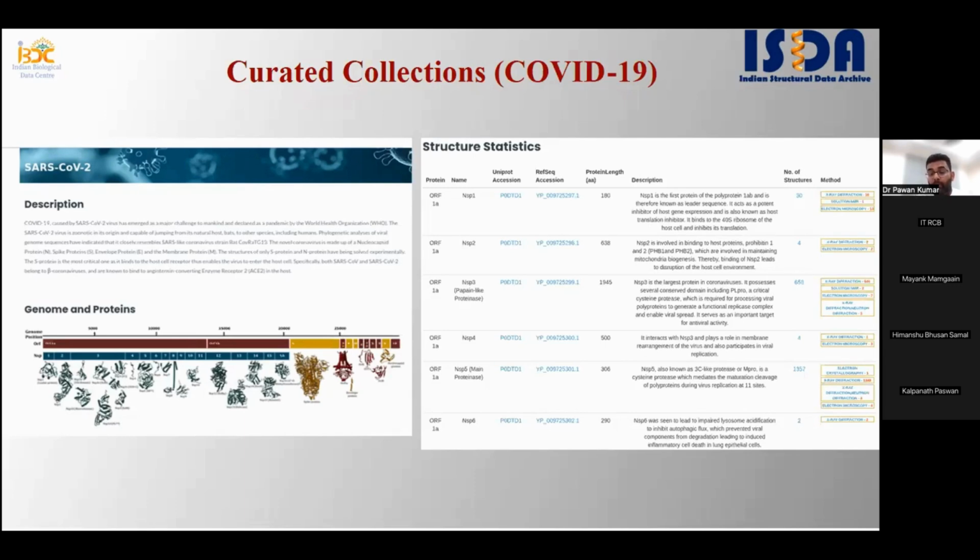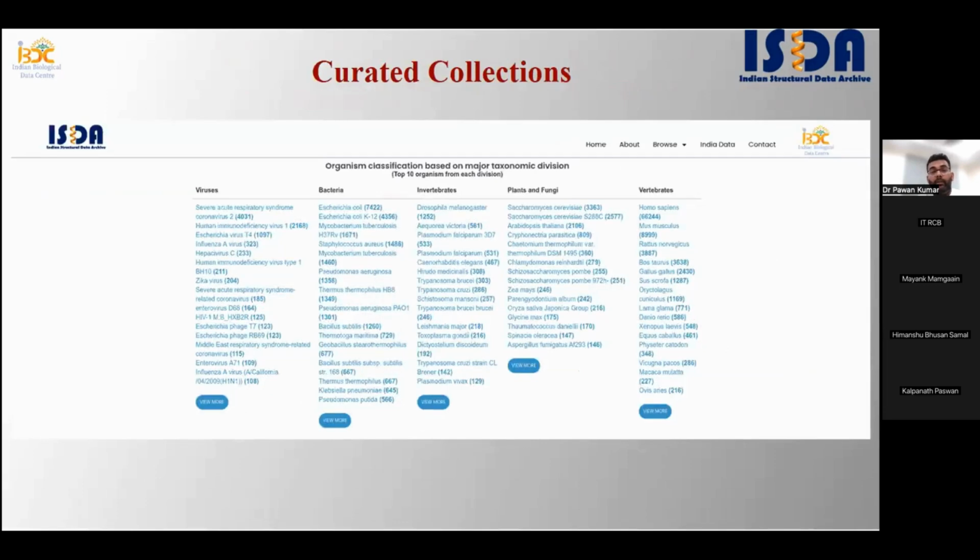The next stage is that we classified all the information into taxonomic divisions. We have classified five major taxonomic divisions, and the user can get all the information in terms of PDB structures for any division, including viruses, belonging to the five different divisions.